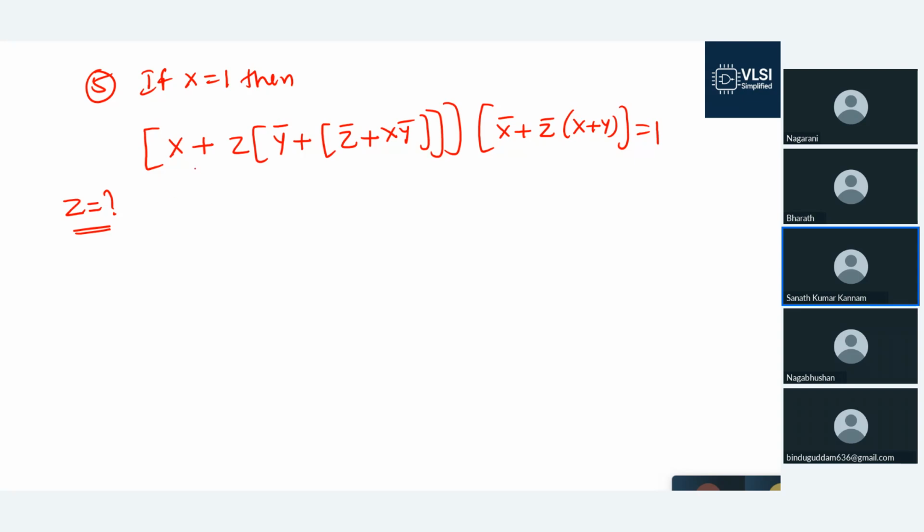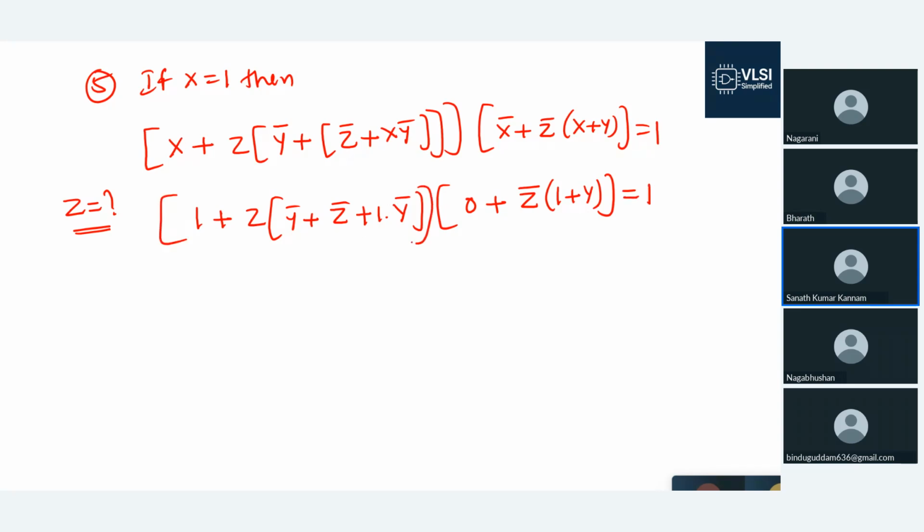So x equal to 1 means what? So 1 plus z, y bar z bar plus 1 and y bar, and this is 0 or z bar, 1 plus y, 1 or y, that is equal to 1. Anyway, if you consider this whole thing as some a, you know that a plus 1 equal to what? 1, no?